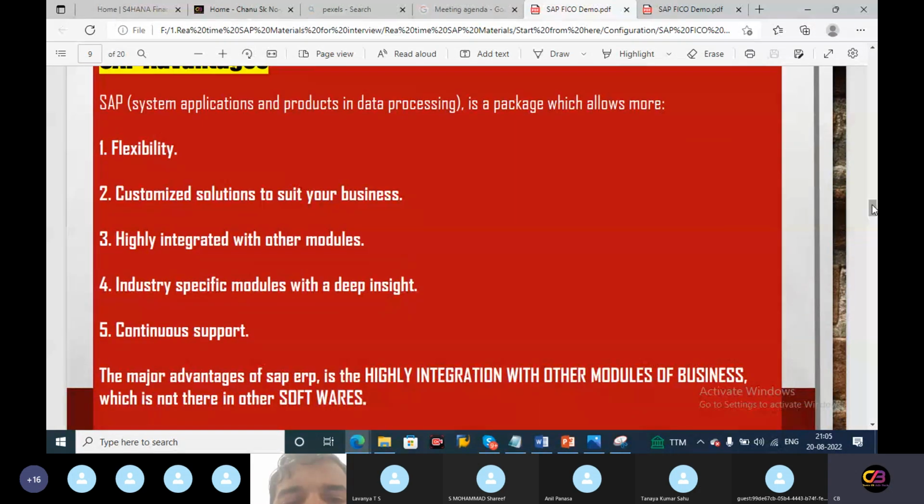I already told you what the advantages of SAP are. Here are some of the advantages I can mention: one is flexibility, the second is customized solutions, the third is high integration with other modules, the fourth is industry-specific modules, and the fifth is continuous support. These are all the advantages that SAP has.